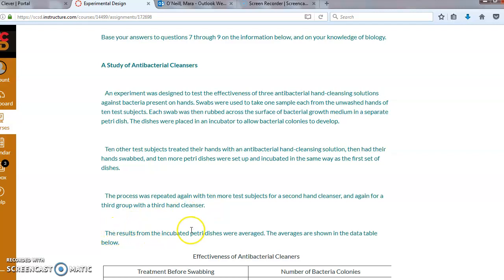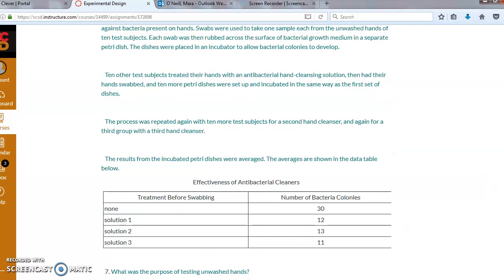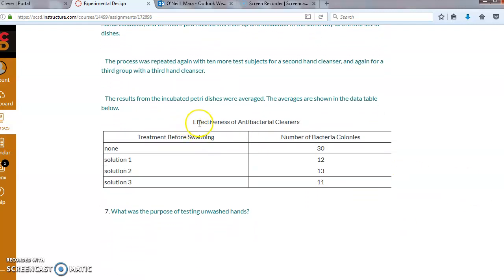The results of the incubated petri dishes were averaged, and the averages are shown in the table below. The table is titled The Effectiveness of Antibacterial Cleansers. It's got a treatment before swabbing and the number of bacterial colonies recorded.